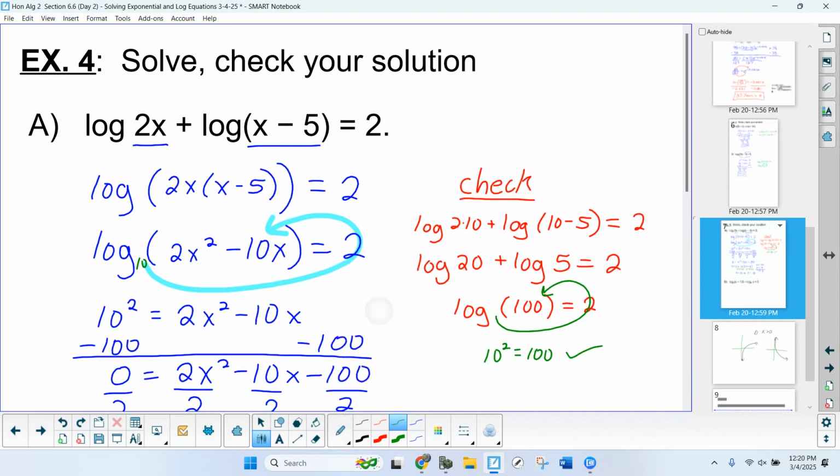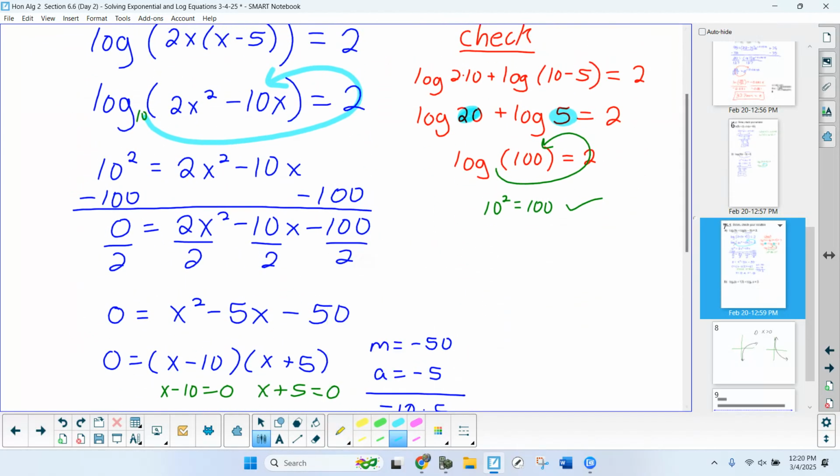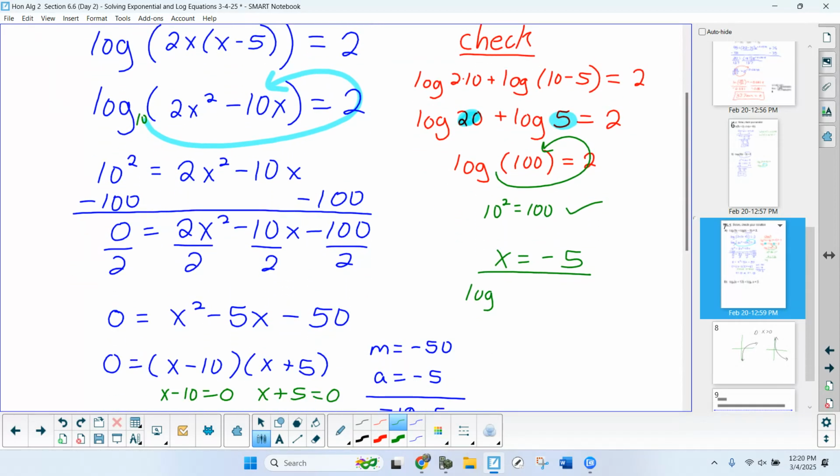Again, what are we really looking for? We're looking to make sure that whatever math we do, we have positive numbers, non-negative and non-zero numbers there. So now when I check x equals -5, that's the log of 2 times -5 plus the log of -5 minus 5.